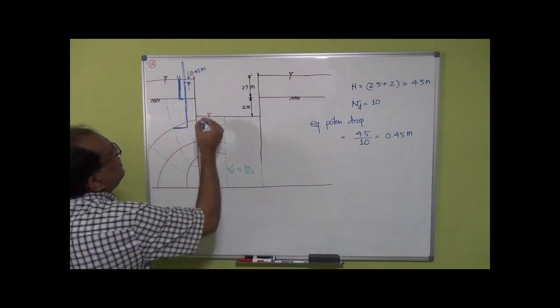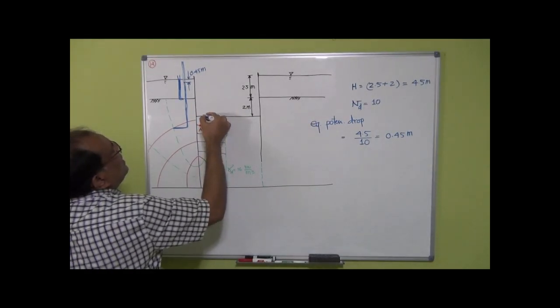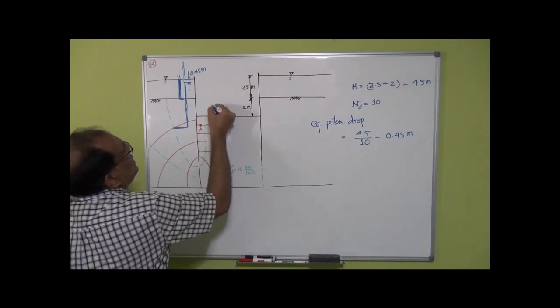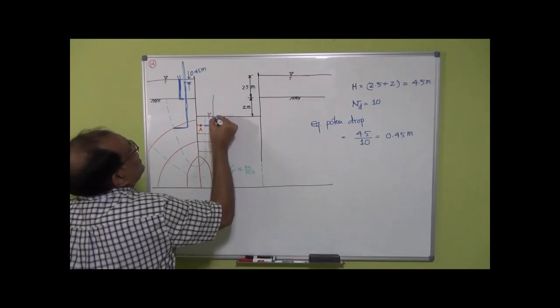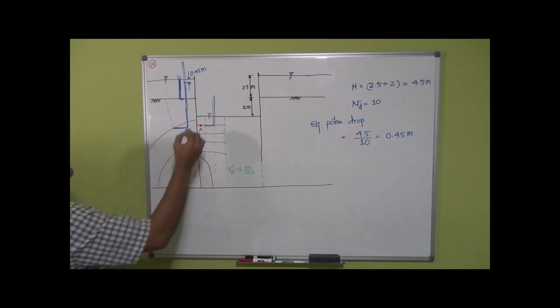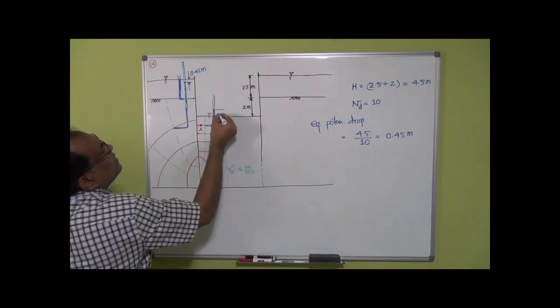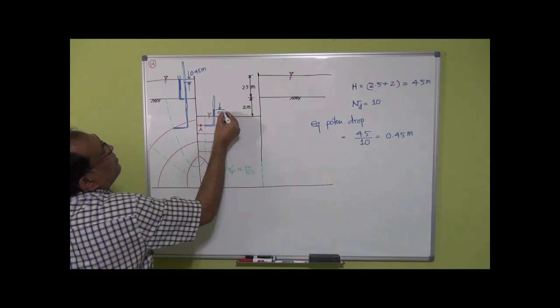Similarly, on this side, if you put a piezometer here, then the water will be here. If you put a piezometer at A, you will see the water is actually here, which is actually 0.45 meter.